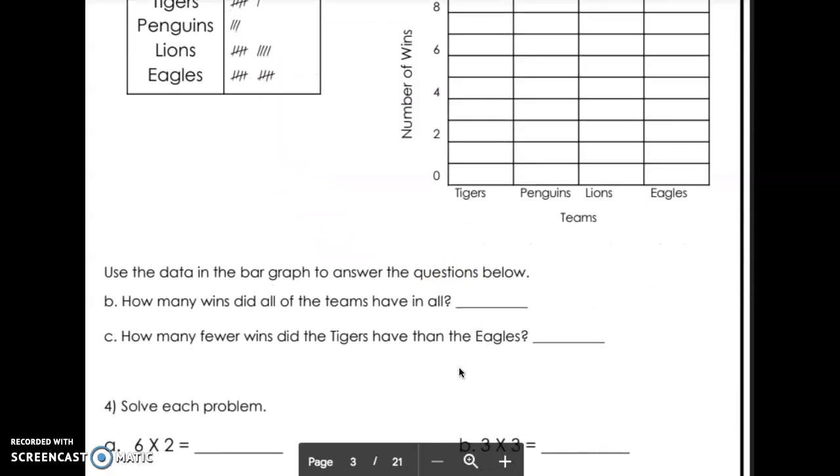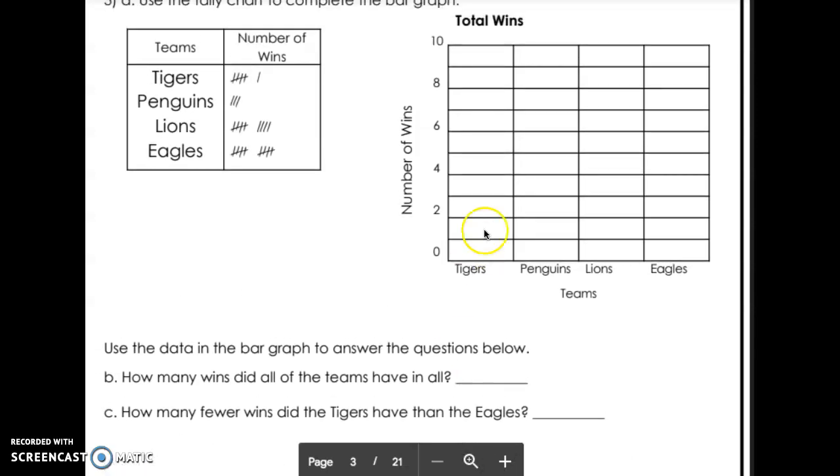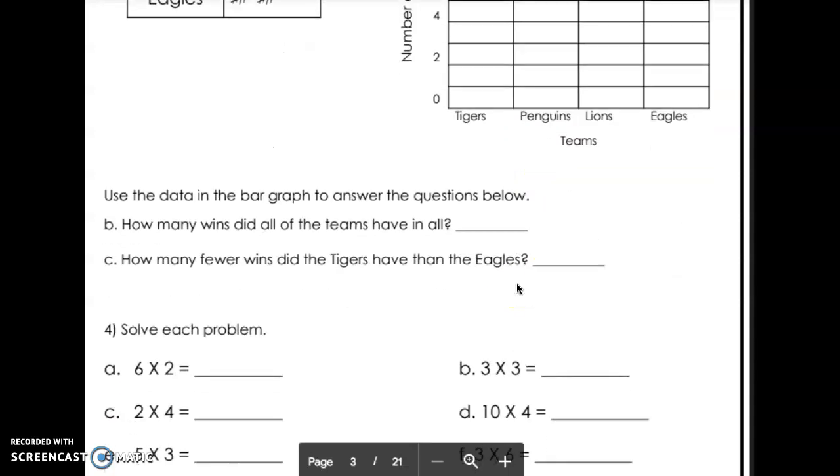Then it says, how many fewer wins did Tigers have than Eagles? You'll have to look at the Tigers and the Eagles and find out what is the difference between those two numbers. You're going to subtract to find the difference, okay?